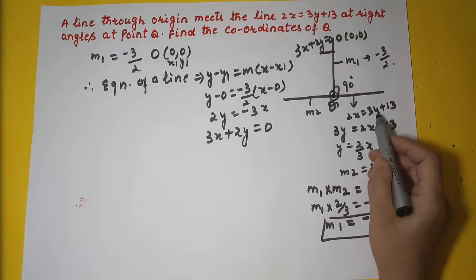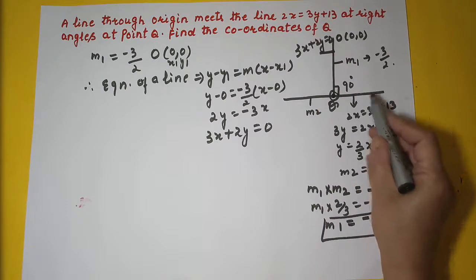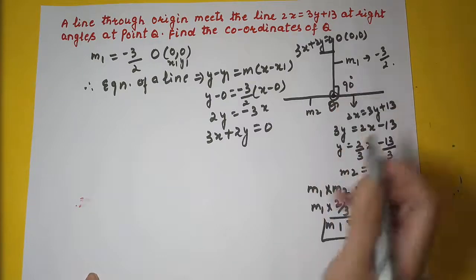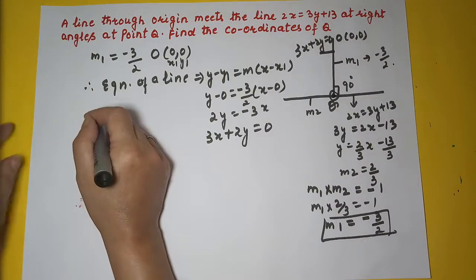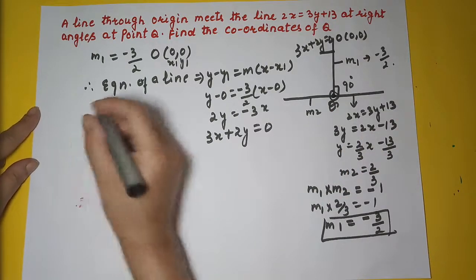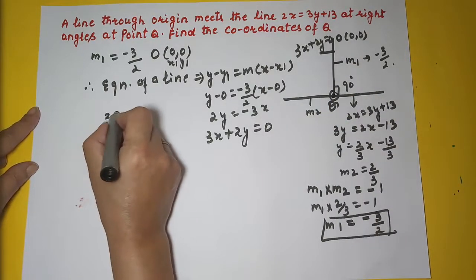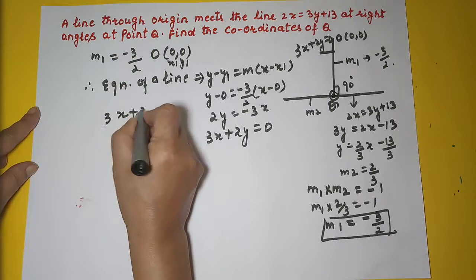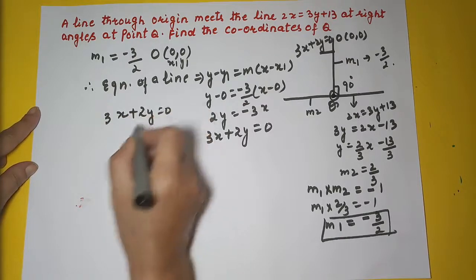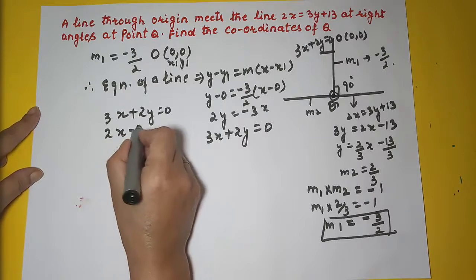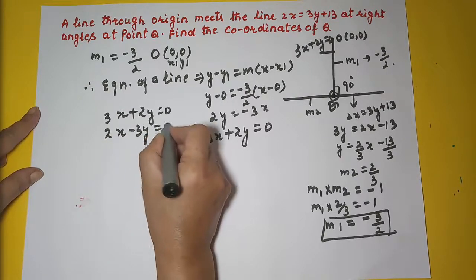I also have the equation of this line. Their point of intersection is giving us this point Q. Now I will solve these two equations and get the values of x and y. That will be the point of intersection, that is Q. So I have 3x plus 2y equal to 0, and I also have 2x minus 3y equal to 13.